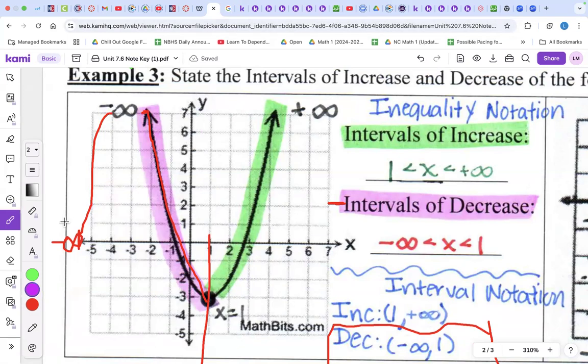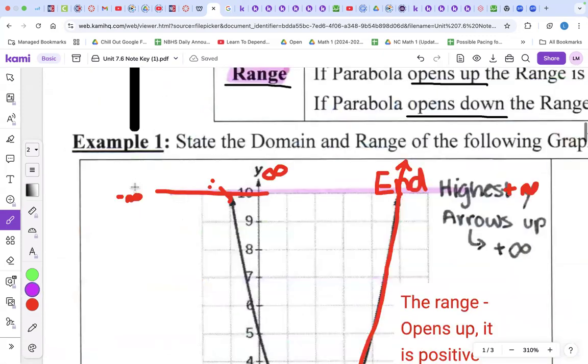So we always read from here and continue on. Now this negative infinity goes for x, and it's like the one that we drew at the top.